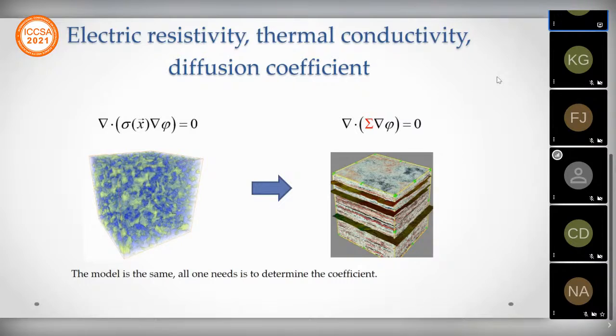If we're talking about electric resistivity, then we just have to solve the Poisson equation directly. If we're talking about thermal conductivity or diffusion coefficient, this upscaling is based on the limiting case when time goes to infinity, and we still finish up with a standard Poisson equation with some right-hand side or boundary condition, but still we have to be able to solve a Poisson equation in a very, very complex model. It's not just a standard rectangular domain.